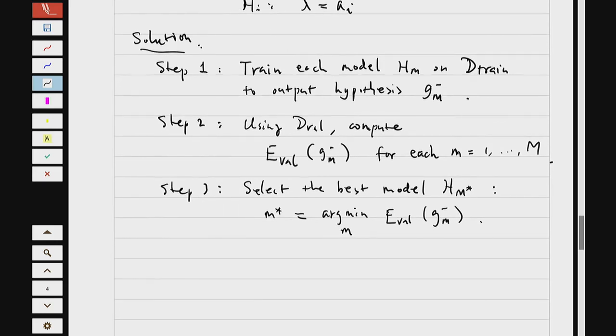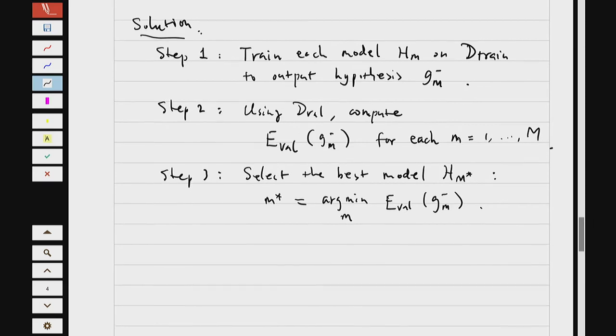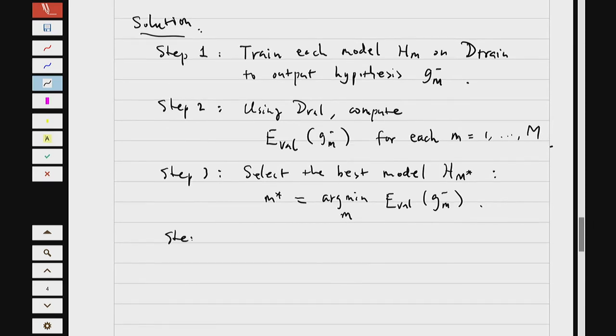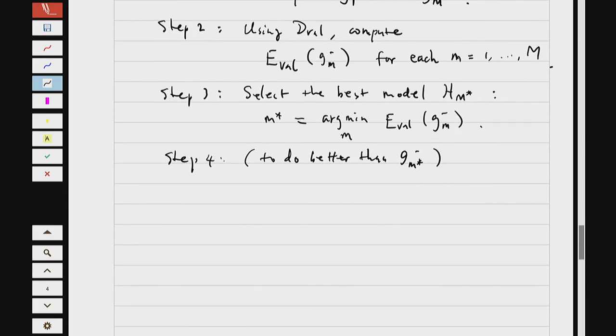But usually we don't just stop here. We don't just say we have the best M star already, and then the GM star minus. We do one more step to retrain the model. Basically we want to do better than simply using GM star minus. We're going to use the complete data set to retrain this M star model.